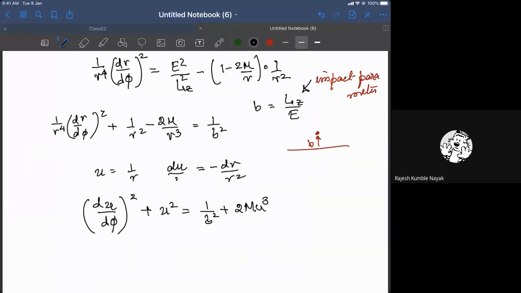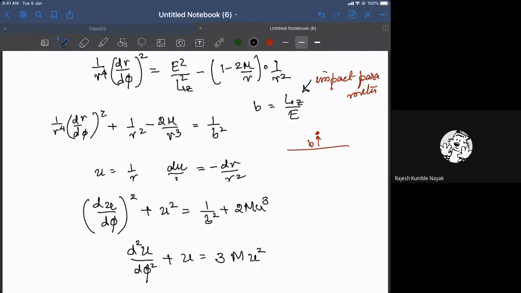Again, we differentiate with respect to phi, as we have done for the time-like orbit. Then we get a second order orbit equation, d square u by d phi square plus u is equal to 3M u square.